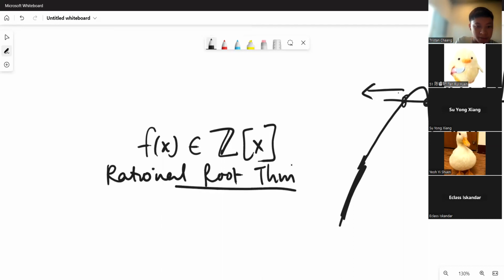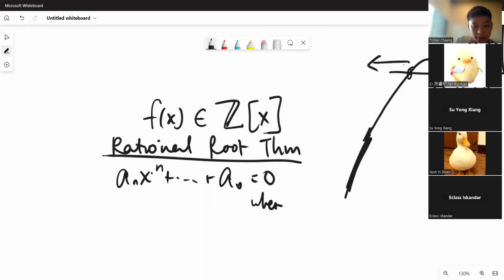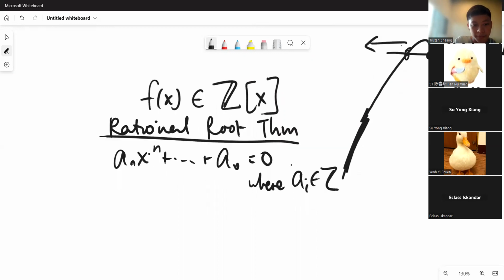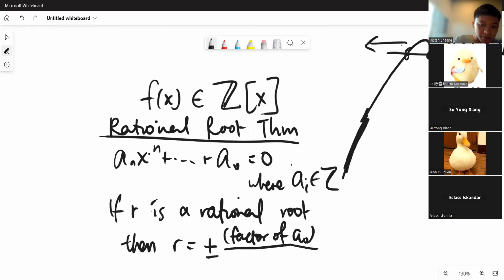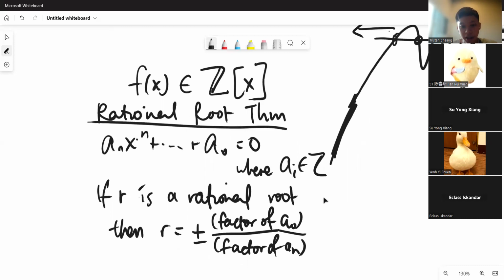The rational root theorem says that if you have a polynomial like that, where the a_i are all integers, and if r is a rational root, then r must be plus or minus some factor of a_0 over some factor of a_n. That's what the rational root theorem says.